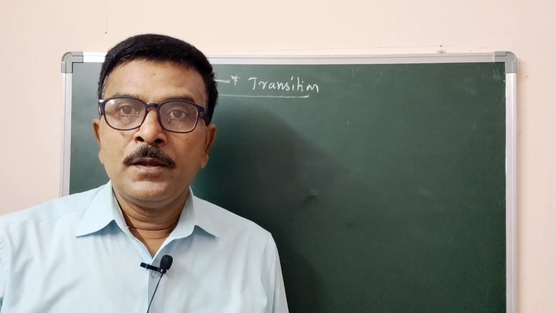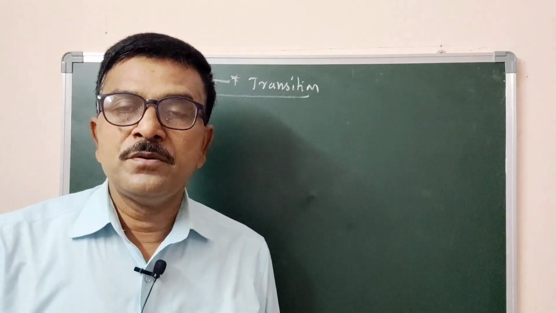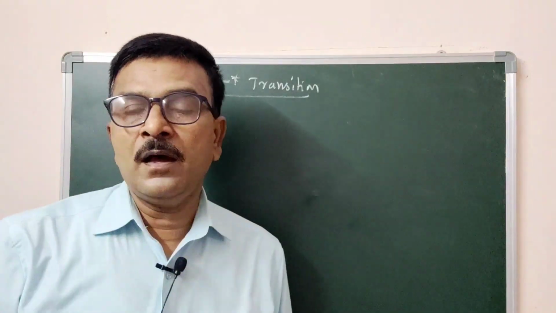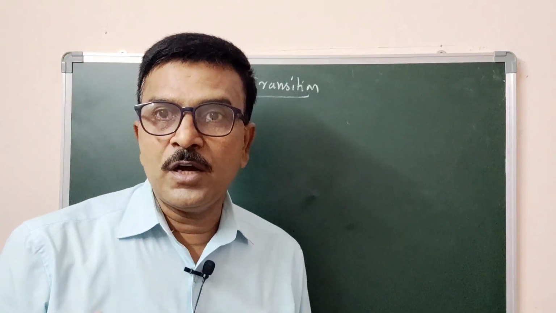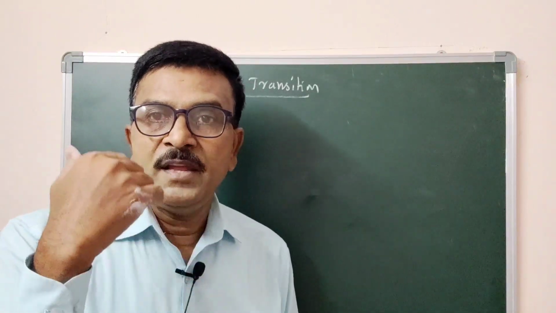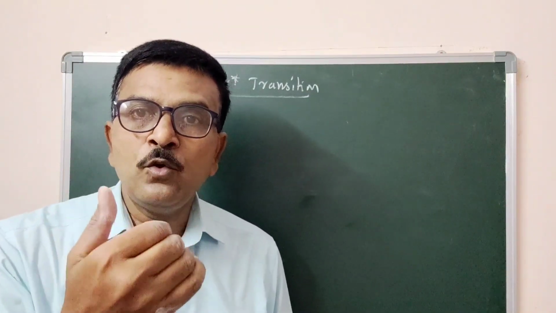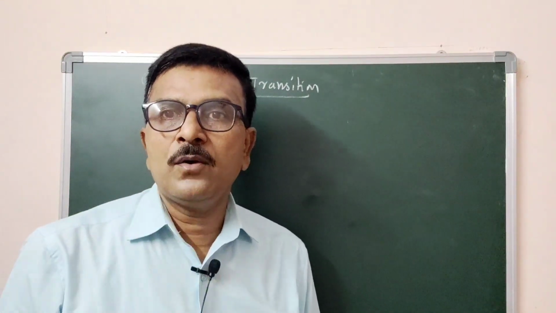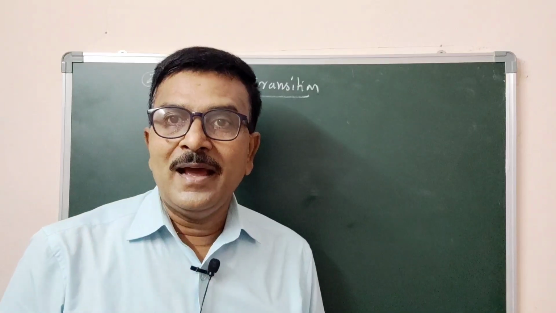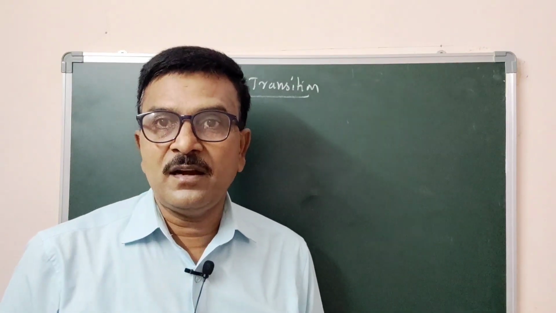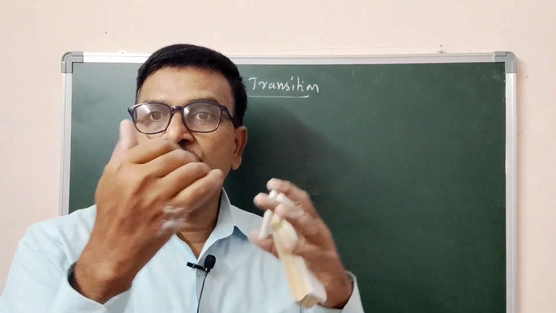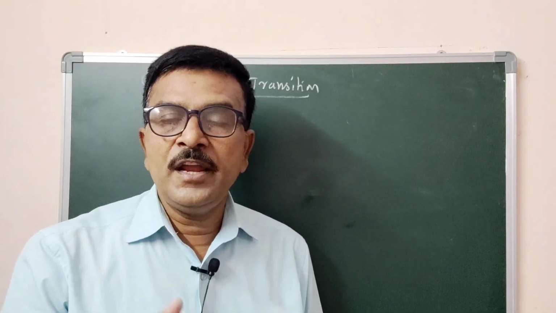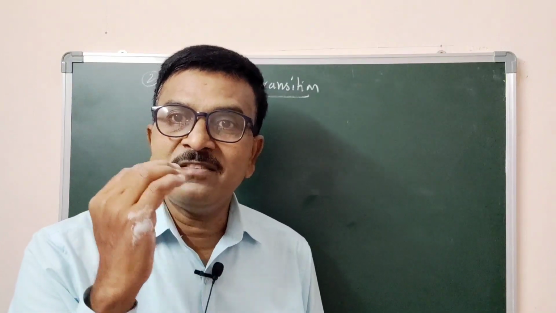Example, you take a saturated hydrocarbon attached with OH, or any functional group bearing non-bonding electrons. A saturated hydrocarbon attached or bearing a functional group with non-bonding electrons available. Example, you take alcohols, alkyl halides, ethers, etc. So n to sigma star transition is possible in a molecule which contains both non-bonding electrons as well as sigma electrons.